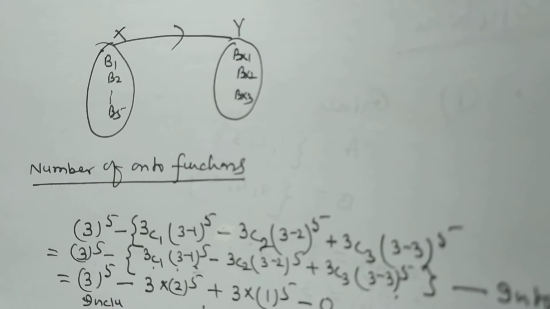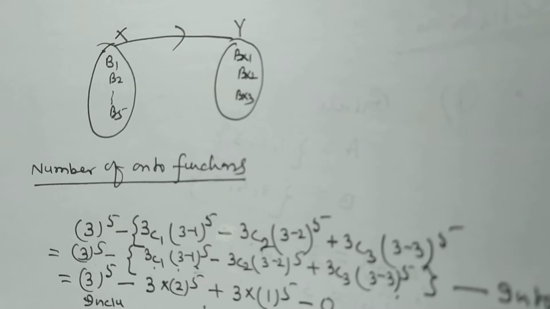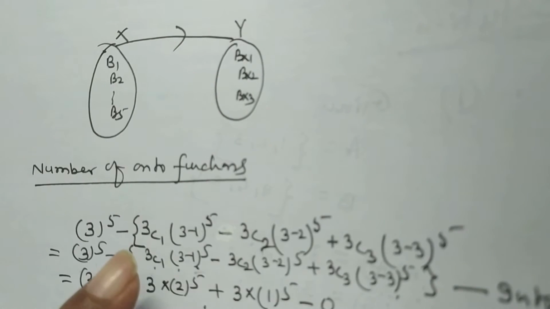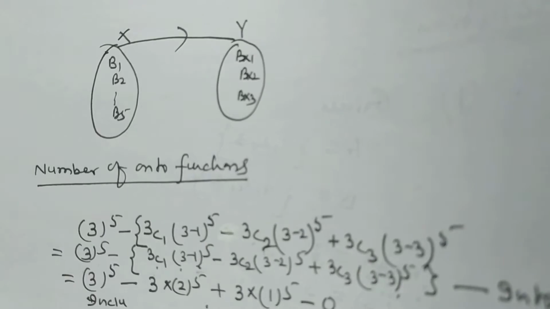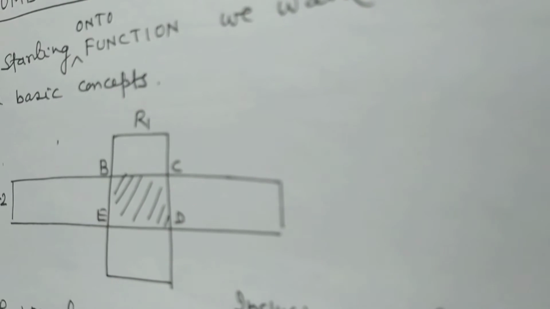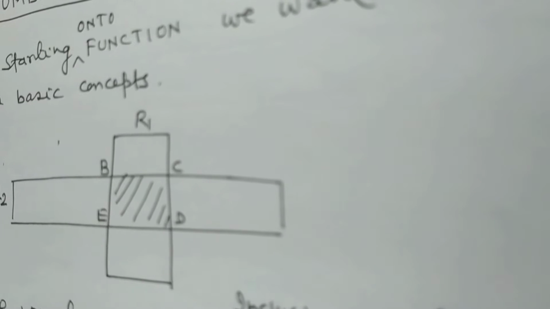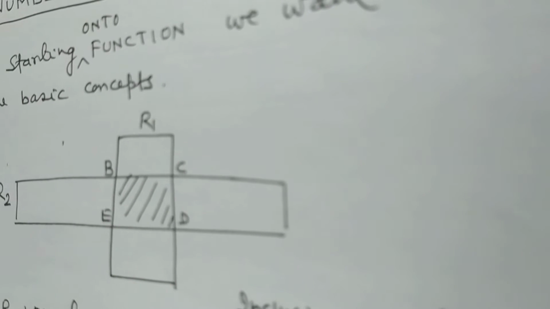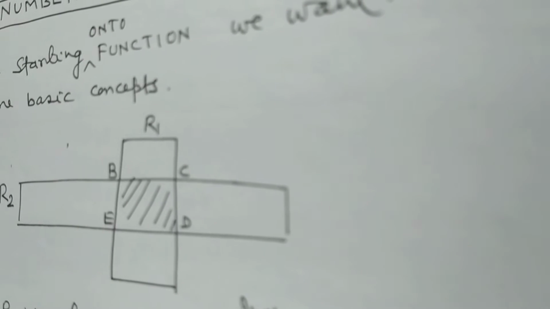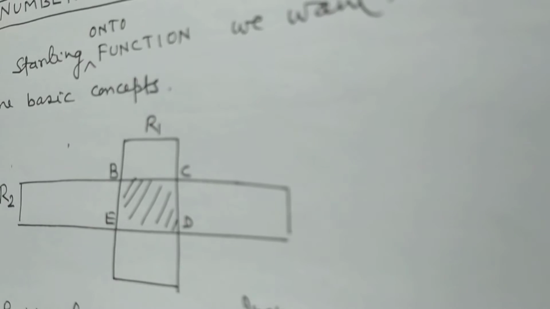We make a formula: total number of function minus number of many one function is equal to number of onto function. So in this way we can solve this problem.